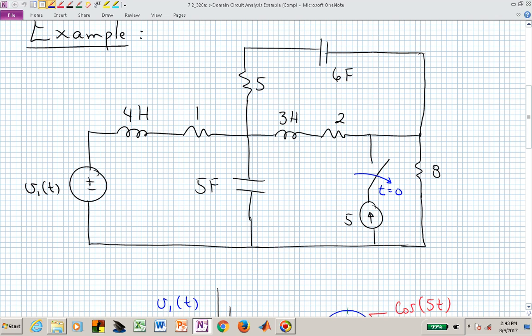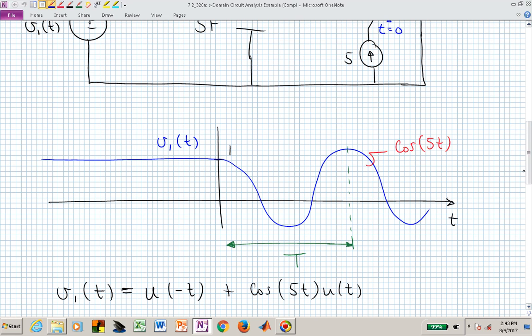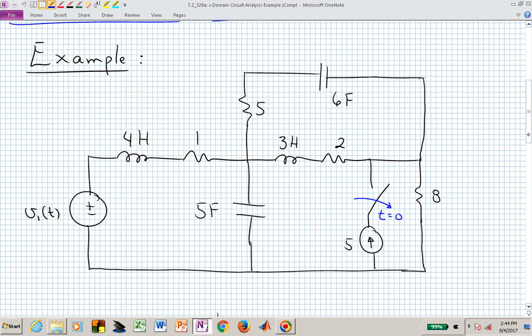And in fact, since they're DC sources prior to t less than 0, we know that the inductors will act like shorts, and the capacitors will open up, and we will then just have open circuits where we have the capacitors. What we want to do then is figure out how we can find the initial conditions on our energy storage devices, and we should have 4 different initial conditions.